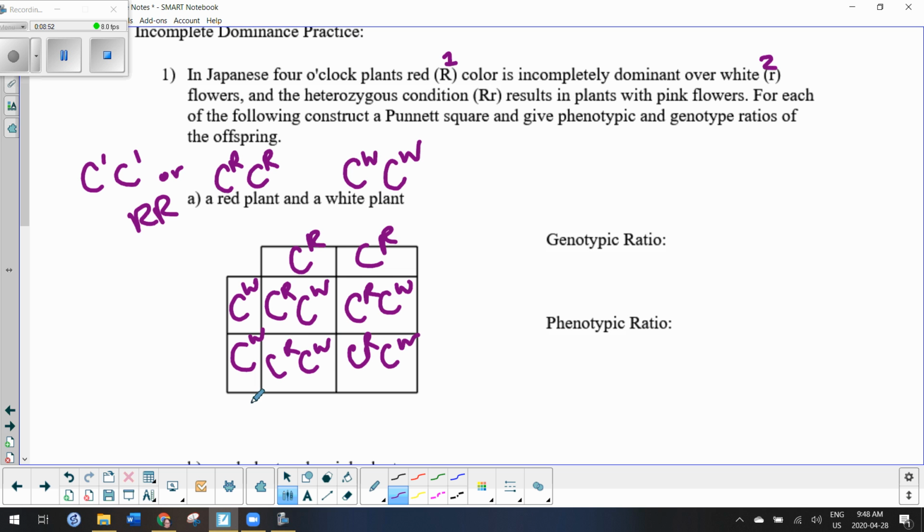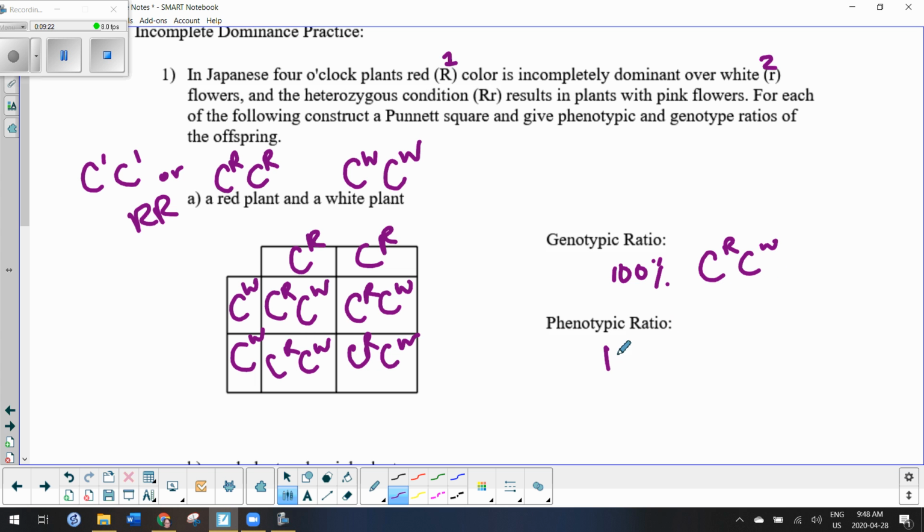In some of these Punnett squares, you can probably look at your parents and say, oh, they're all going to be this. That's fine, especially if you're doing a multiple choice question. So my genotypic ratio is 100% of the offspring. If you mate a purebred red and a purebred white, you'll get 100% CR CW.